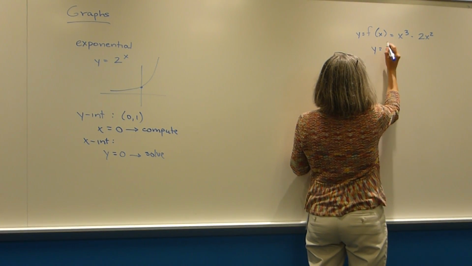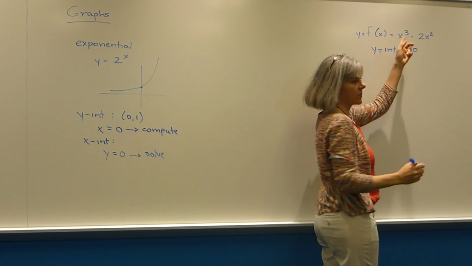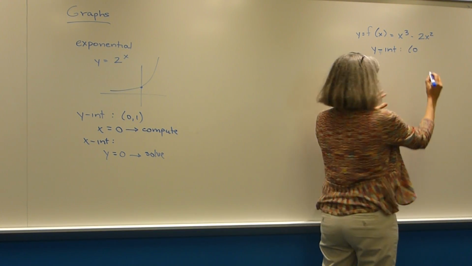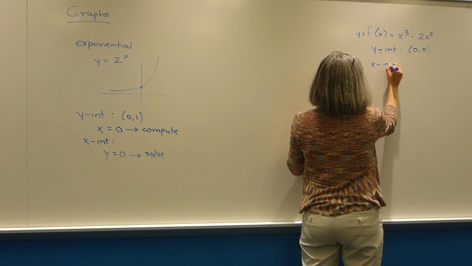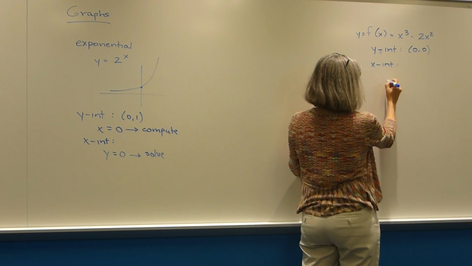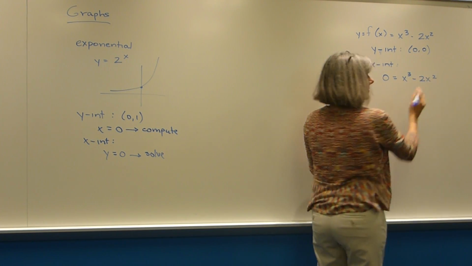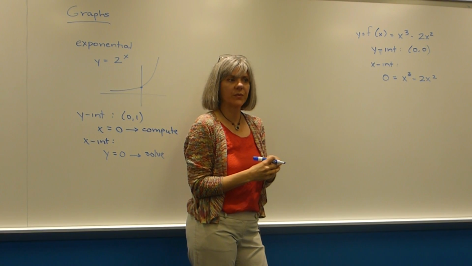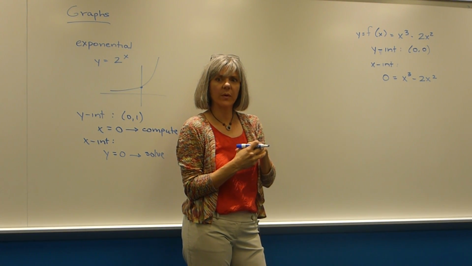Y-intercept means put in x equals 0. If I put in x equals 0, 0 minus 0 is 0, that's easy. The x-intercept, I need to set y equal to 0. So now that's a polynomial equation. How do I solve that? Anyone remember? Common factors.